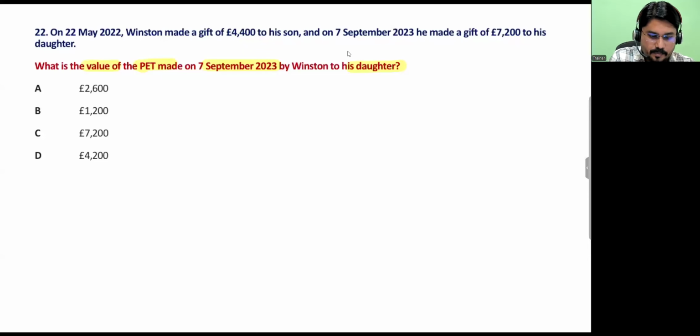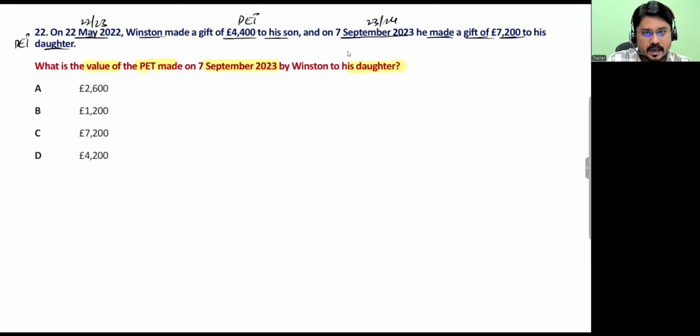On 22nd May 22, that's fiscal year 22-23, W made a gift of 4,400 to his son. In this year, he made a potentially exempt transfer, and on 7th September 23 in fiscal year 23-24, he made a gift of 7,200 to his daughter, another PET, because for IHT purposes, a person to person transfer of an asset in life is termed a potentially exempt transfer.